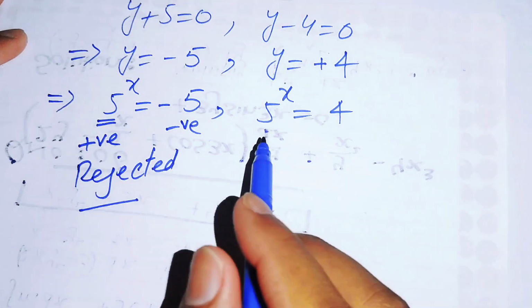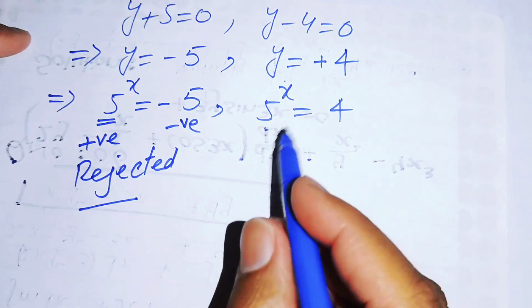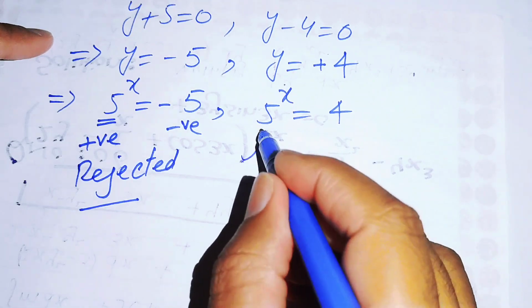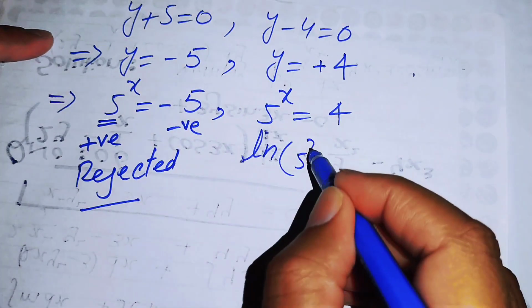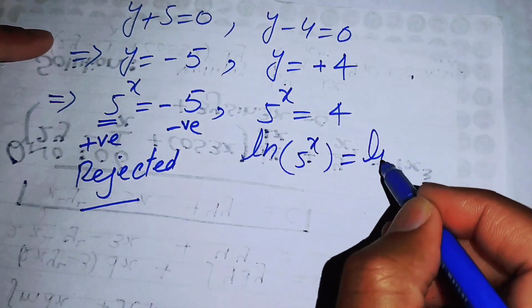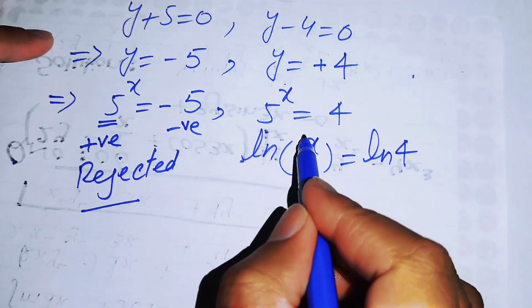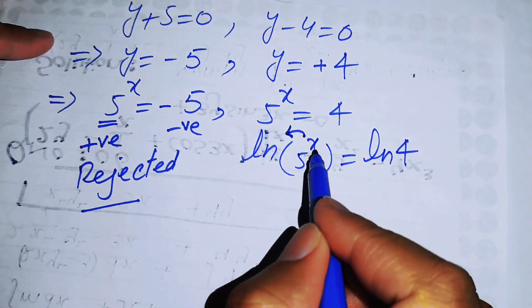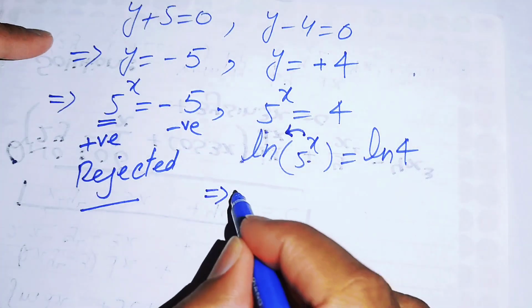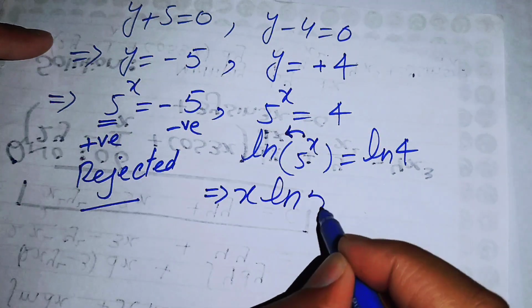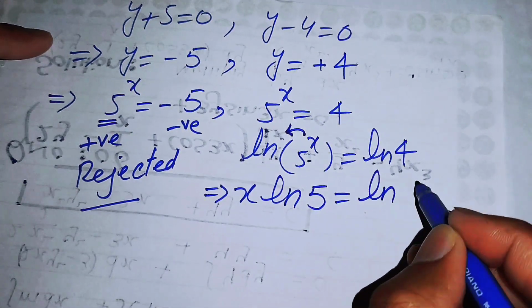In order to find the value of x, we can take the log on both sides, so it becomes log of 5 to the power of x is equal to log 4, and we can apply the property of log, so this exponent moves in front of the log, and it becomes x times log 5 is equal to log 4.